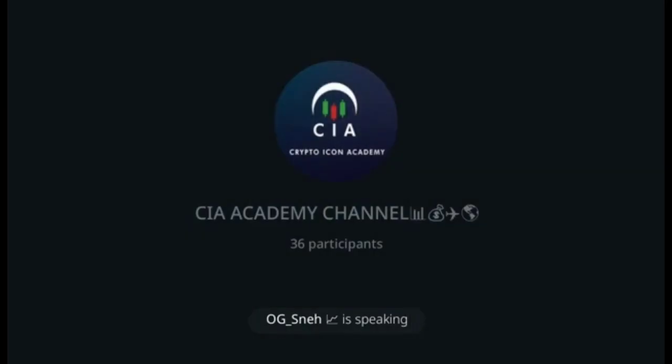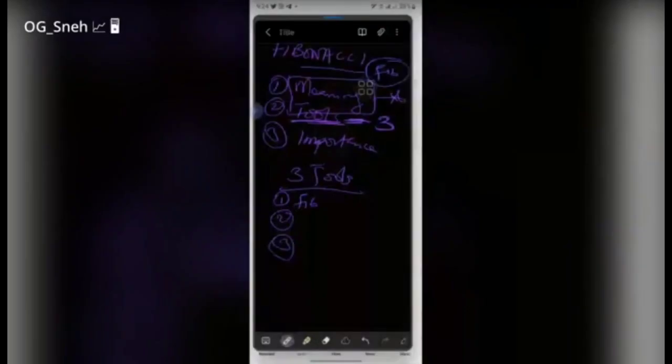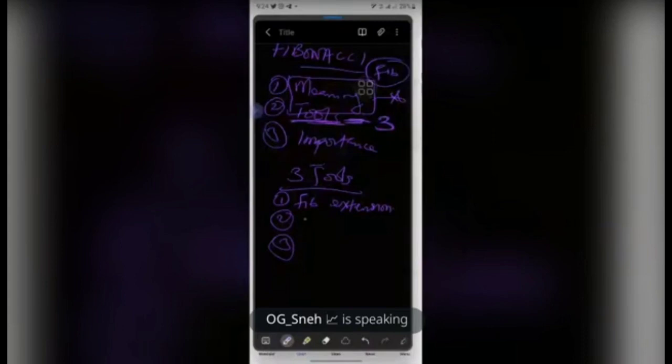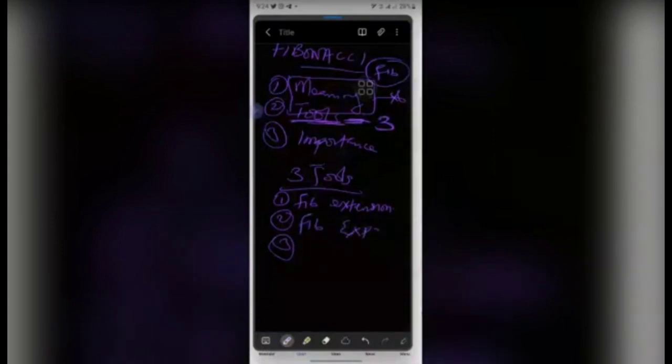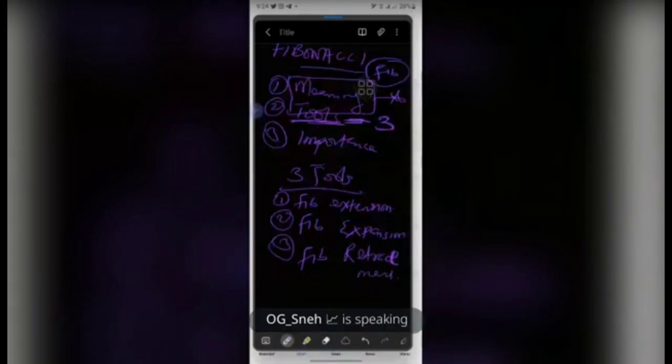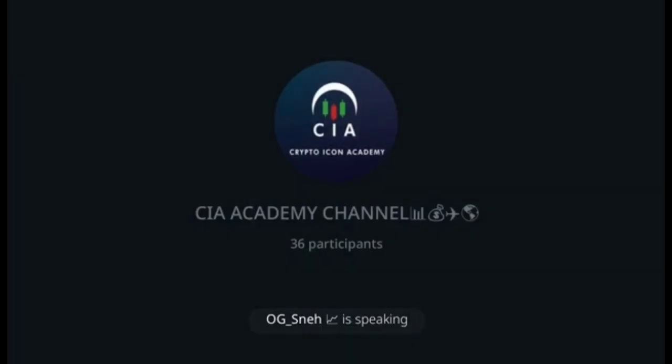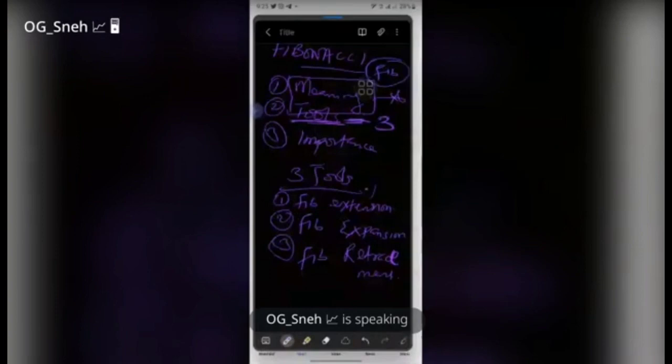So we have Fibonacci extension, we have Fibonacci expansion, and we have Fibonacci retracement. So the three types of Fibonacci tool that we have are Fibonacci extension, Fibonacci expansion, and Fibonacci retracement.